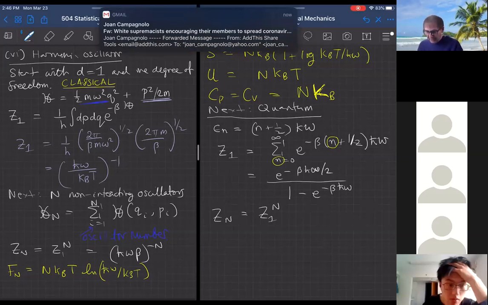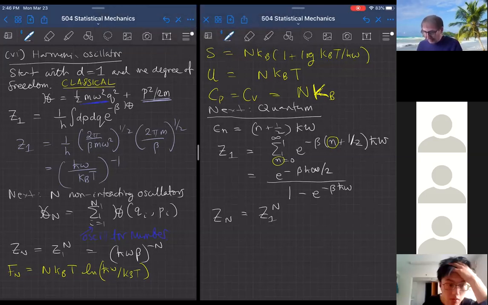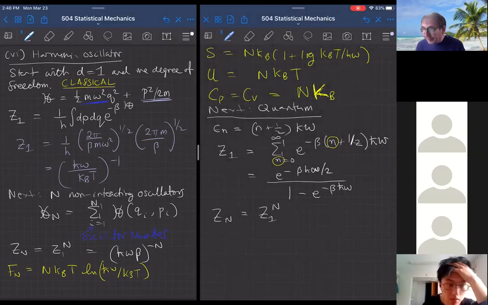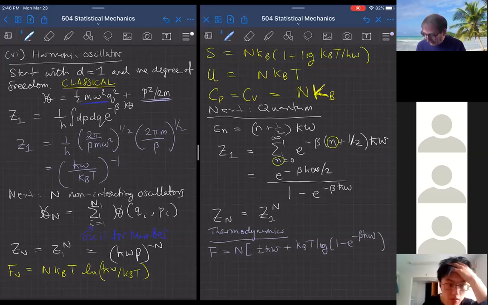Okay, so now what I can do is write down the corresponding formulae for the free energy. So let's write those down. What I get, and these formulae are important ones, so I'm going to want to write them carefully. F is n times (1/2 h bar omega plus kBT times the log of 1 minus e to the minus beta h bar omega).